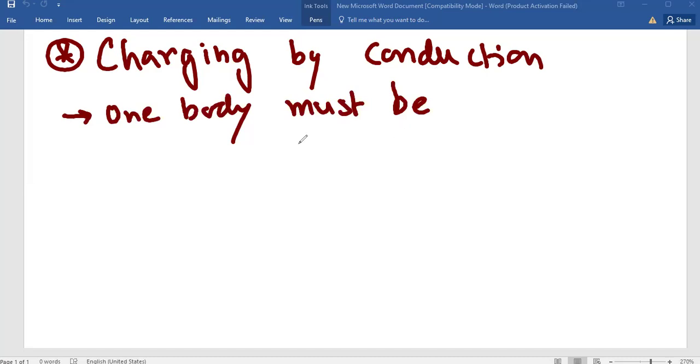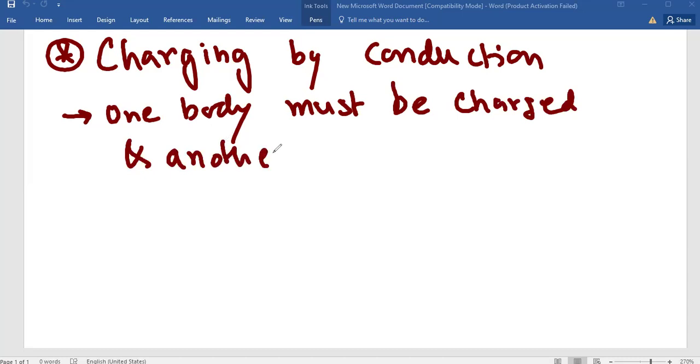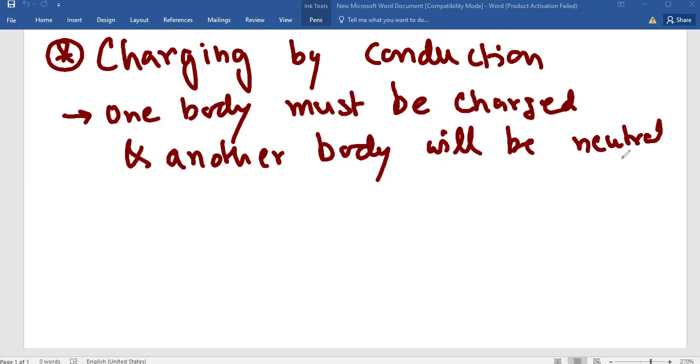But when you do charging by conduction, one body must be charged and the other body will be neutral. Generally we take it this way. And we want to charge this neutral body.